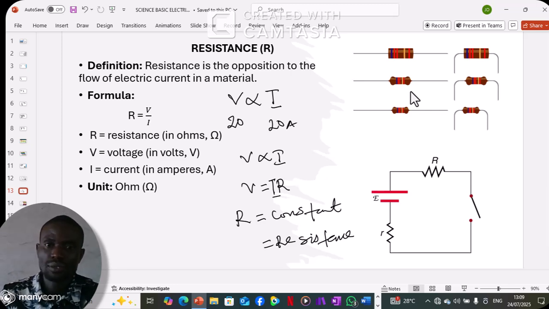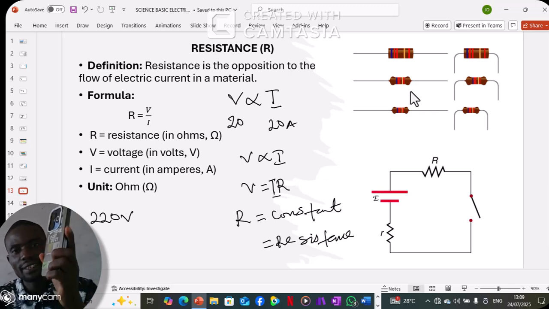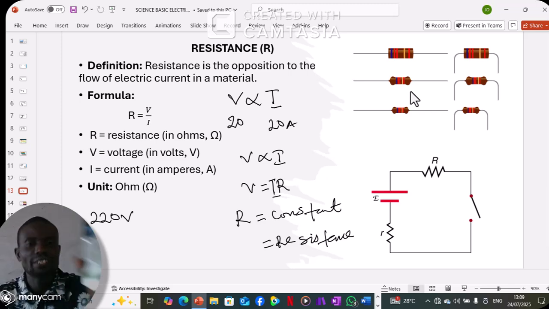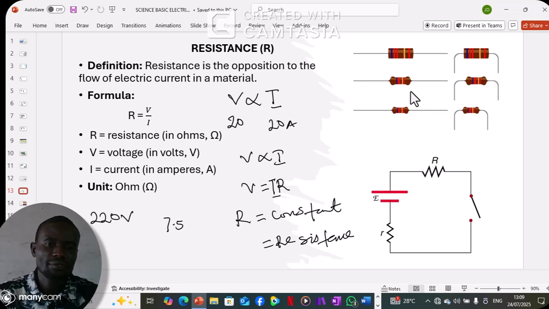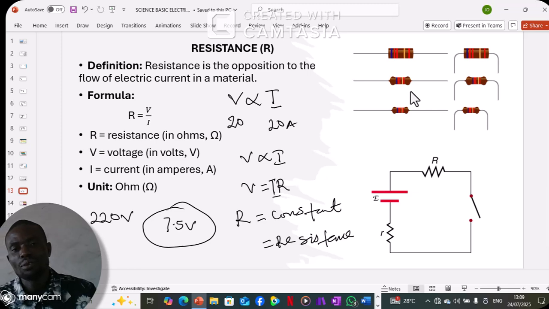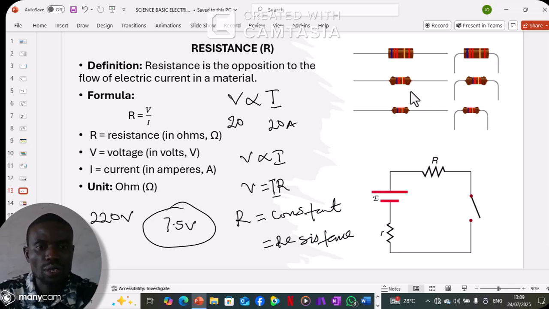But do you know that your phone handset needs just 7.5 volts to charge the battery? If it's more than 7.5, your phone will blow. That is why inside the phone charger we have a resistor that will only allow 7.5 to come out as output. So that's what a resistor does.